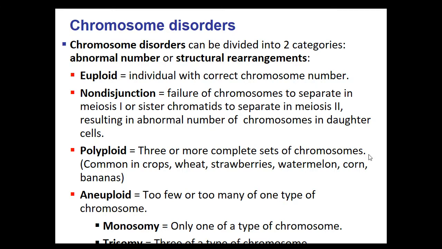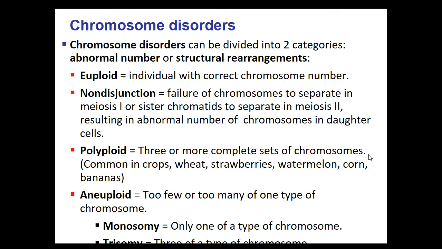Sometimes mistakes happen during meiosis when the chromosomes are supposed to separate into the daughter cells, or the sister chromatids are supposed to separate into the daughter cells. What if they don't separate right? That's a mistake that happens sometimes. So we end up with some of these abnormalities, or chromosome disorders, or chromosome anomalies, they're sometimes called.